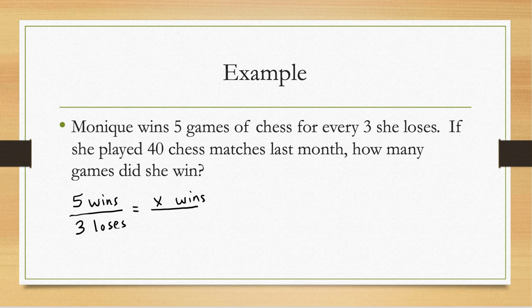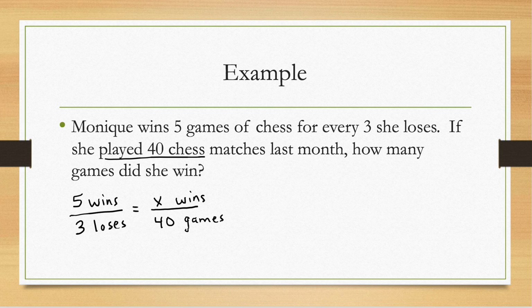And then we run into a problem. We're told that she played 40 chess matches. If we put the 40 games that she played down here, then we don't have consistency with our variables. We have the wins on the top, but the bottom doesn't match. We have losses, and then we have the games. So we've got to adjust one of these two.